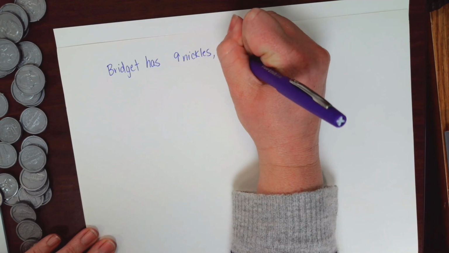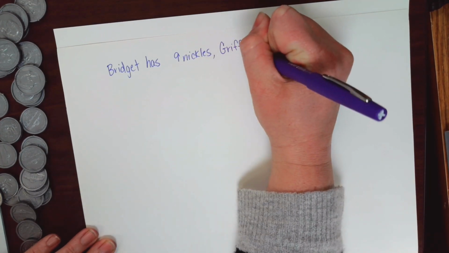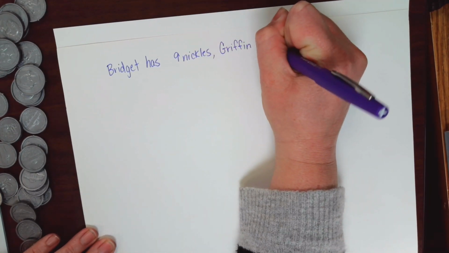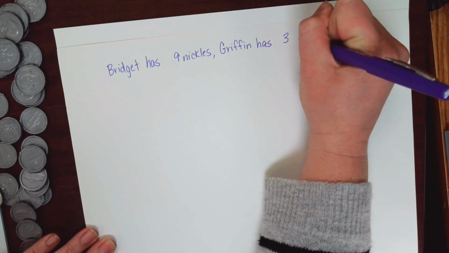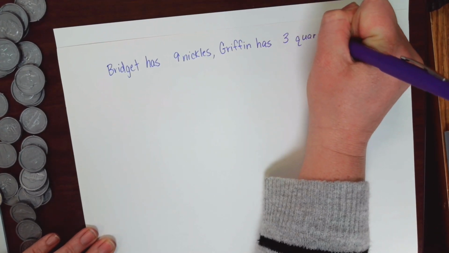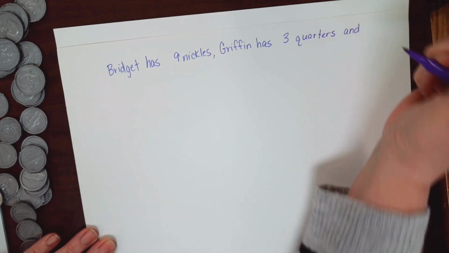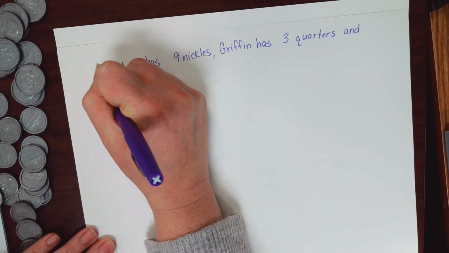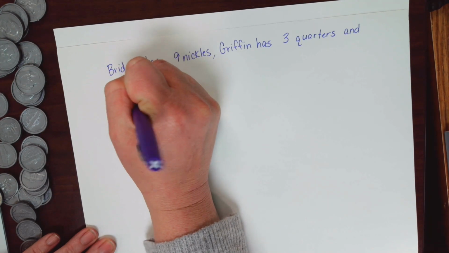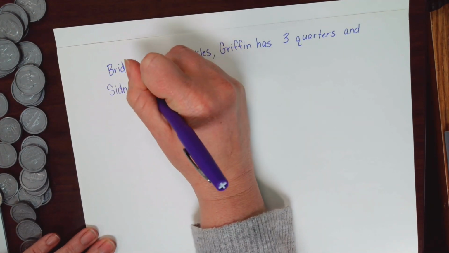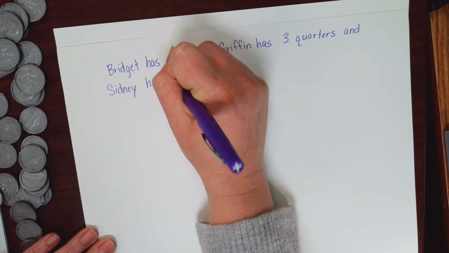Let's say Griffin has 3 quarters, and Sydney has 7 dimes.